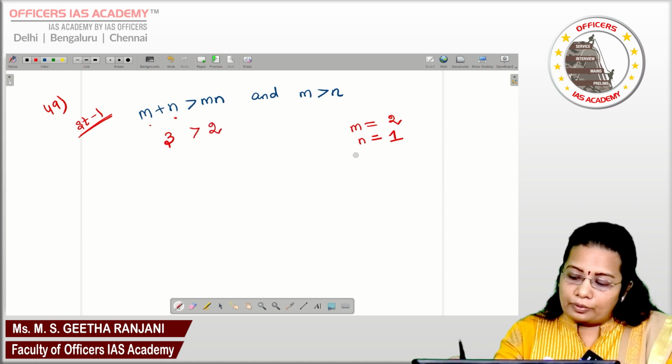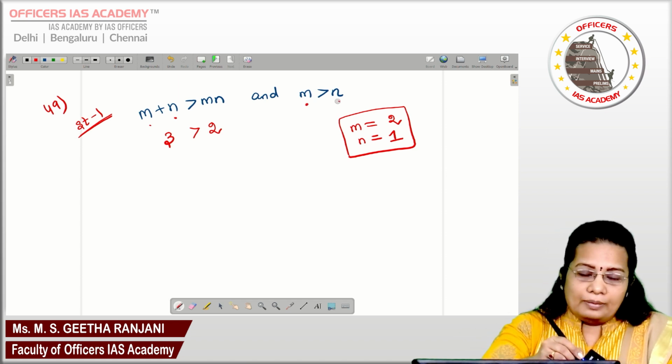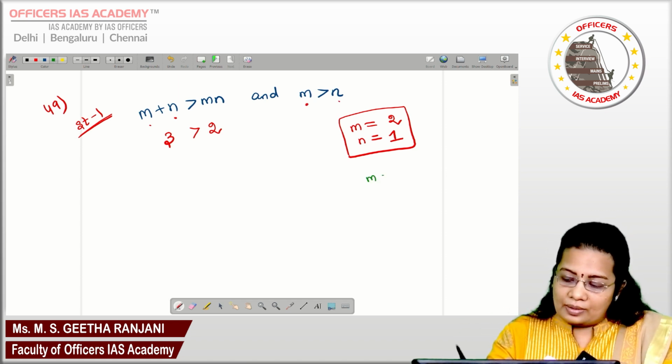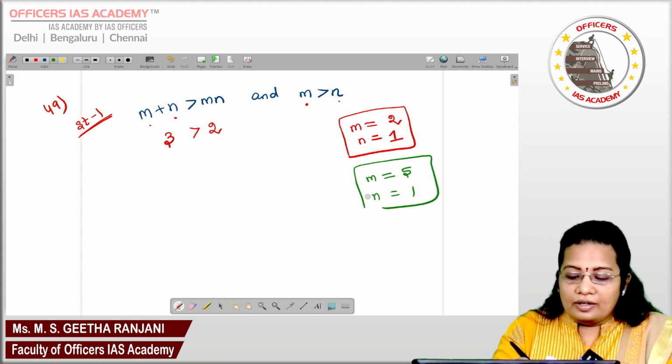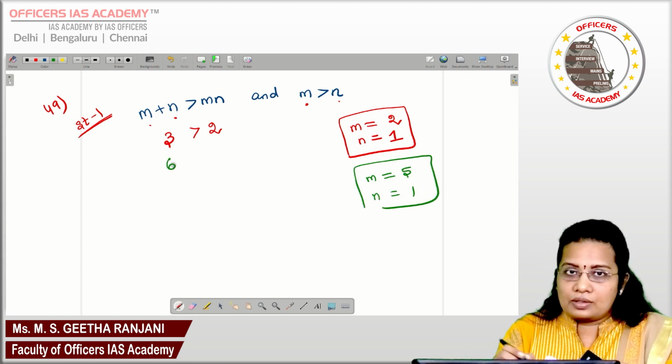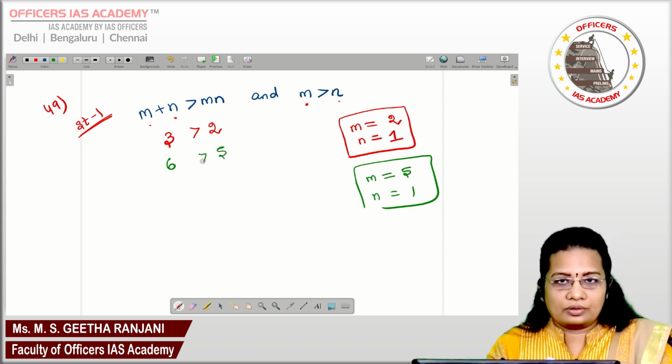This is one of the possible values where m is greater than n. Another possibility: suppose m is 5 and n is 1. Then m plus n is 6 and m into n is 5. Here also the condition is satisfied.